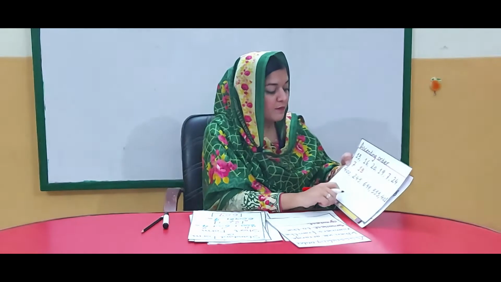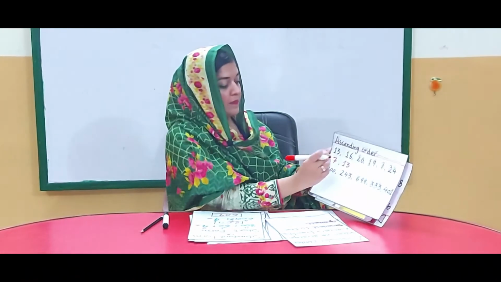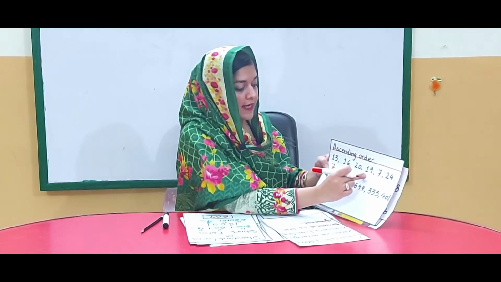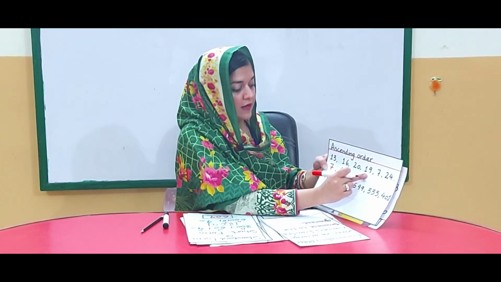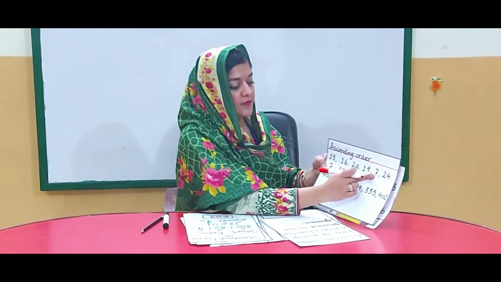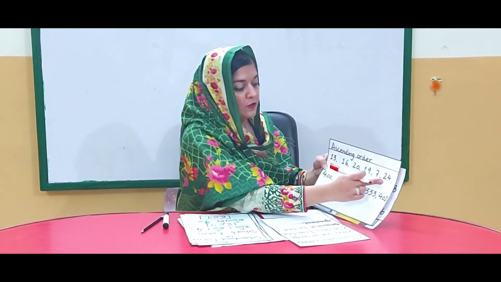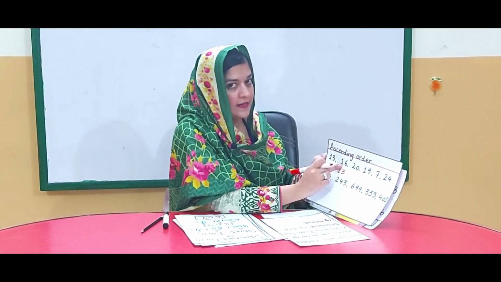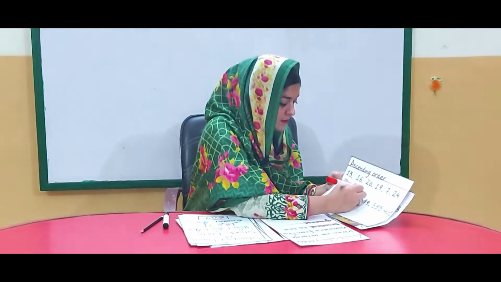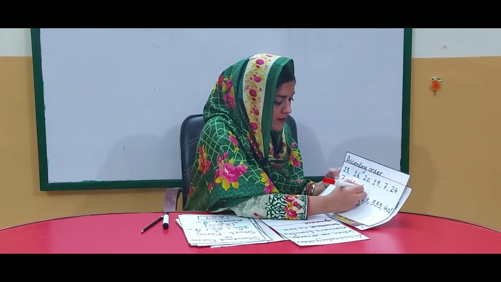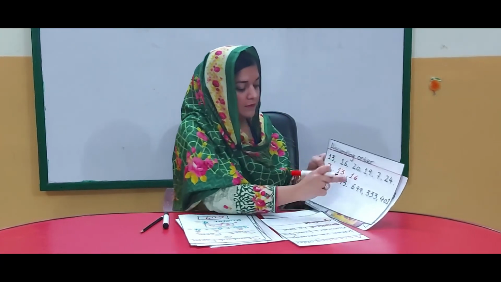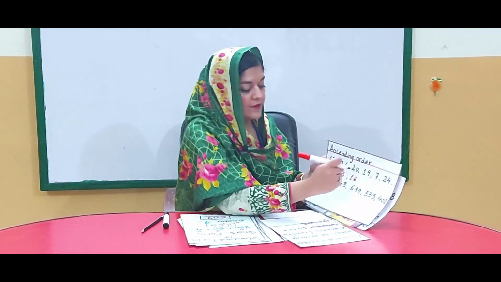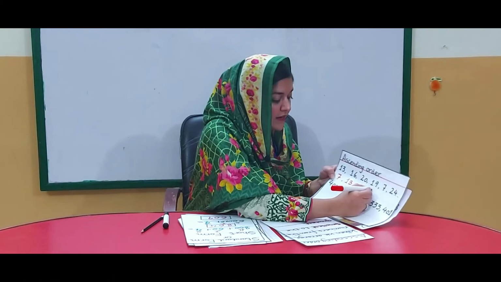Now which number is higher than 13? 19? No. 7, which is already done. 24? No. 16, yes, 16 is next. So we will write 16 here. Clear? Now what's next? Obviously after this, we will write 19 here.